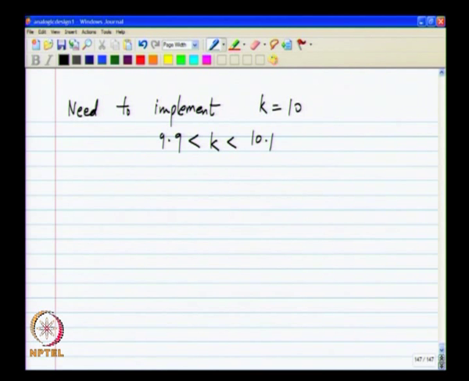So, now we know that the finite DC gain of the op amp will make the gain smaller. So, it is going to be about 9.9. So, what is the relative error here? 10 minus 9.9 divided by 10, which is equal to 0.01 or 1%.